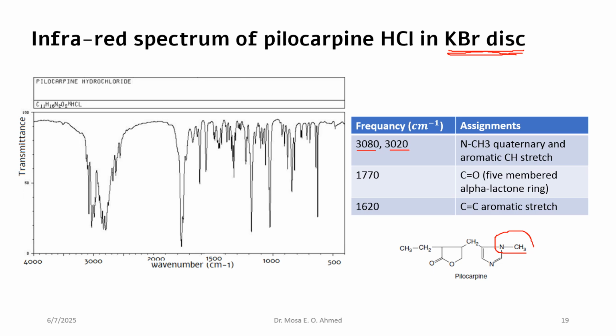That means the pilocarpine contains NCH3 present in an aromatic group. In the region of 1770, we find the frequency for the carbonyl group that occurs in the lactone ring.